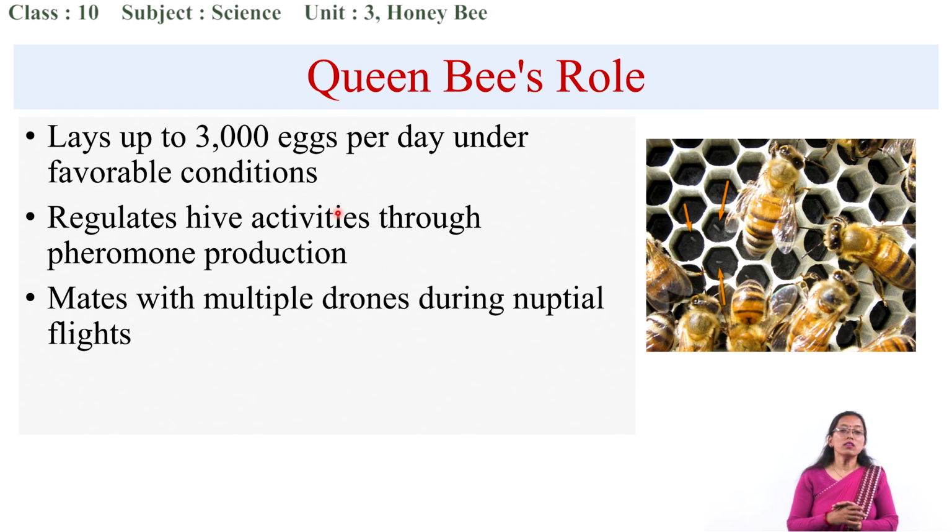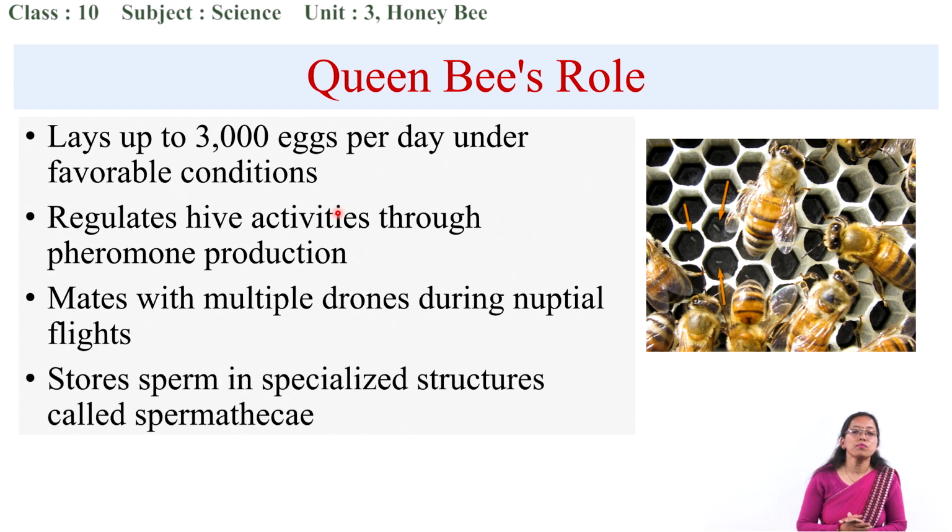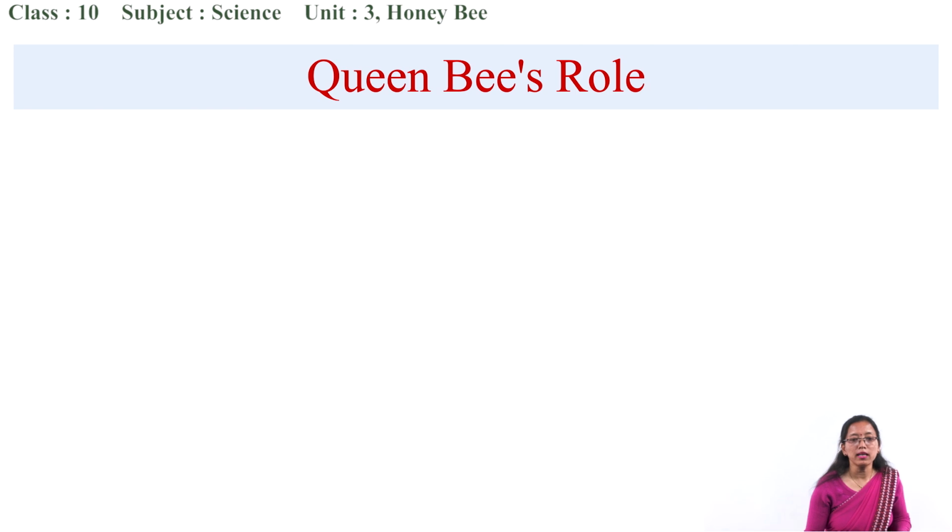It mates with multiple drones and collects sperms to produce fertilized eggs. It stores sperms in a specialized structure called the spermatheca. Already I have told you in the nuptial flight, they mate with multiple drones and collect sperms which are stored in the spermatheca.